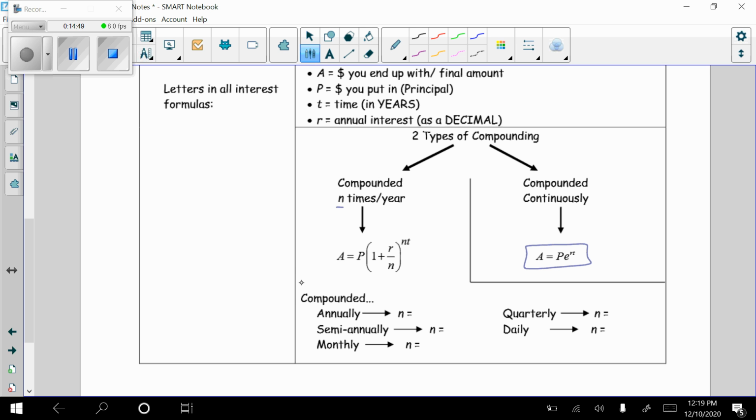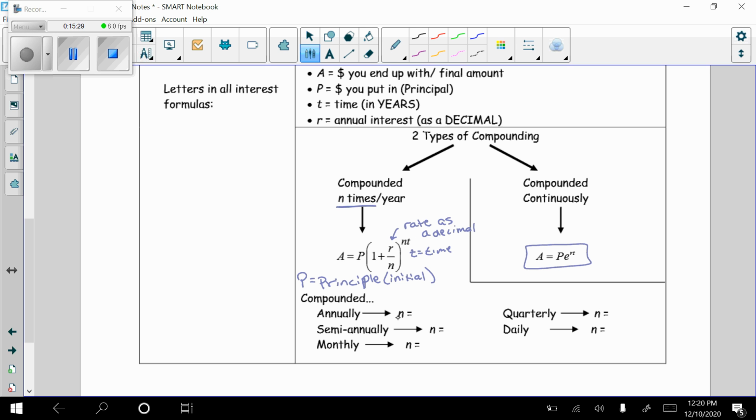Where P is your principal, or your initial amount, r is your rate as a decimal, n is number of times per year, and t is time.